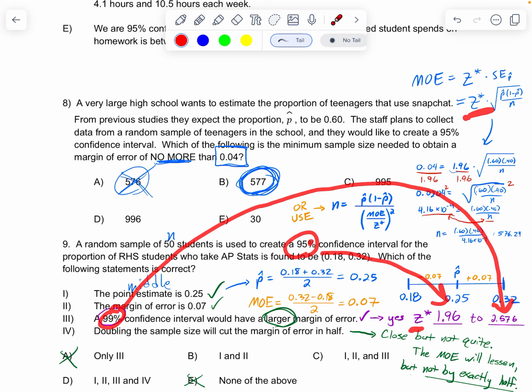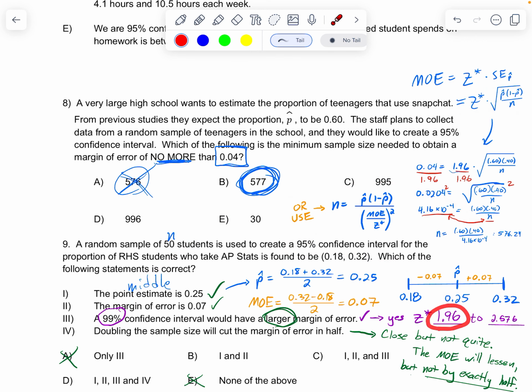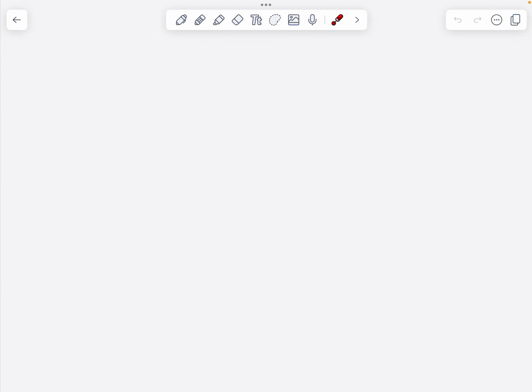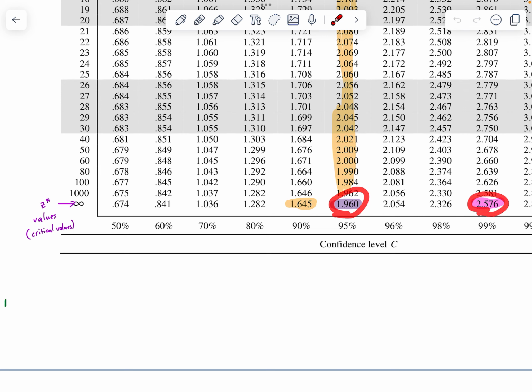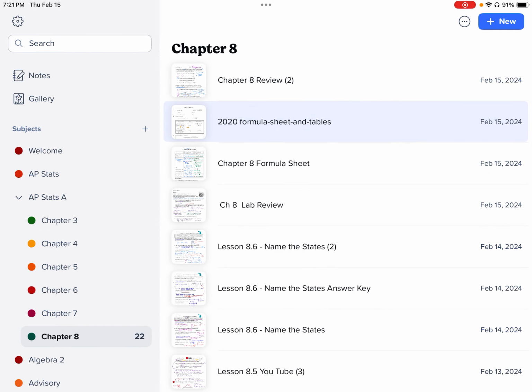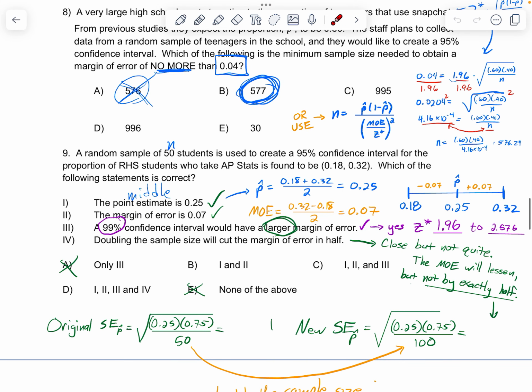And if your z-star gets bigger, your whole margin of error is going to get bigger. So yes, this is true. And you can find both of these on the bottom of the packet, right here and right here. Booyah. So look at that, 1, 2, and 3, they're all true. We're on a roll. Make that one green. So it can't be B, okay? So it's C or D.